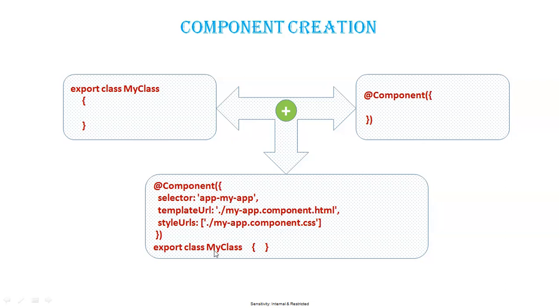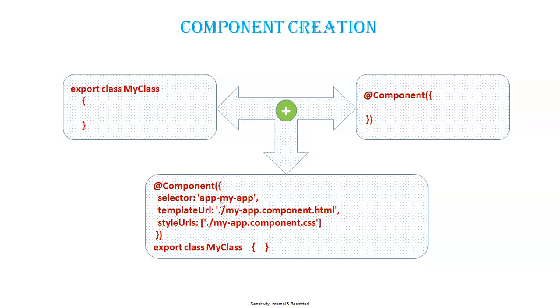So here your class name can be anything, but the component selector name can be different. So I will be saying that I want to run this particular TypeScript, maybe my class, if the request is coming for app hyphen my app. So selector is nothing but name of the component to call this particular component.